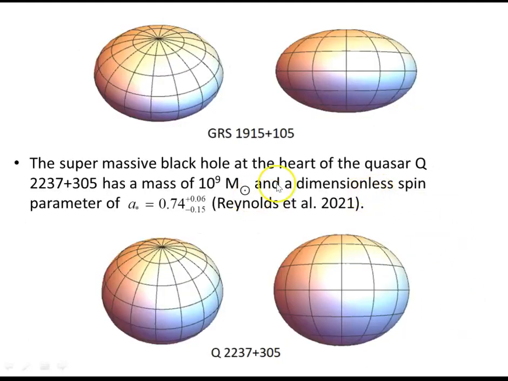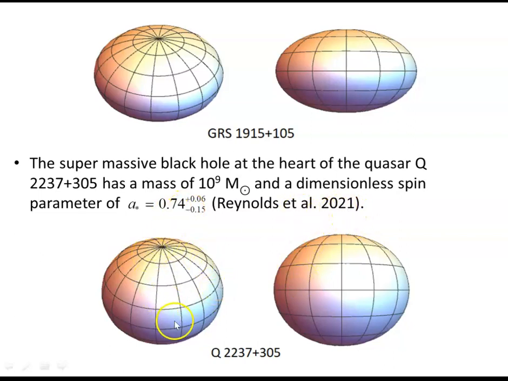All right, so here's our model of the stationary limit surface of GRS 1915+105, and here's the flattening that occurs. Looking from above, off-centered, and looking side on, you can see quite a bit of flattening. Now, the supermassive black hole at the heart of the quasar Q2237+305 has a mass of 1 billion solar masses and a dimensionless spin parameter a* of 0.74, according to Reynolds and others, 2021.